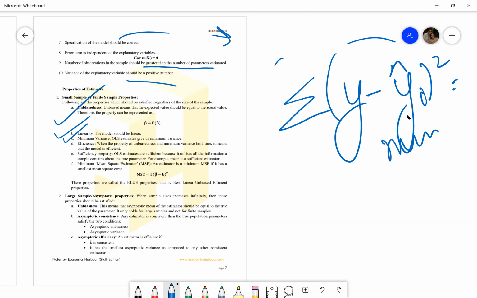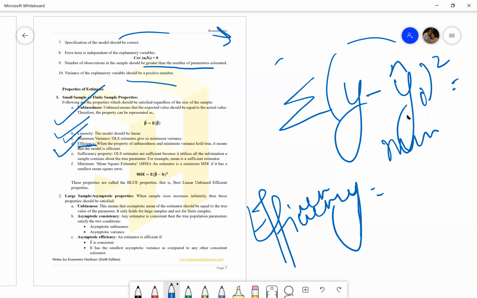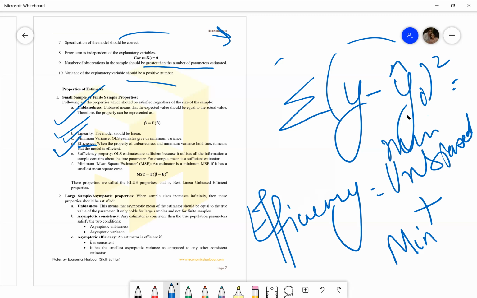Again, very important: in econometrics, whenever we talk about the term efficiency, efficiency in econometrics means satisfying both unbiasedness and minimum variance. So when both of these two conditions are satisfied by the model, we say that the model is efficient in nature.